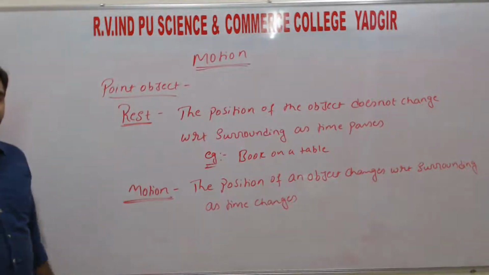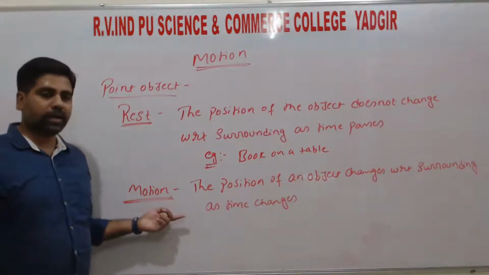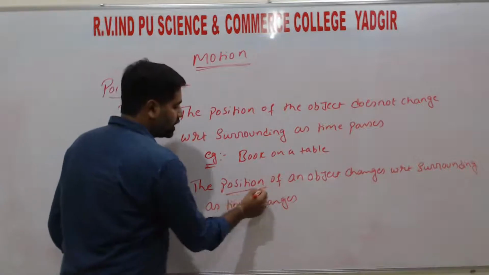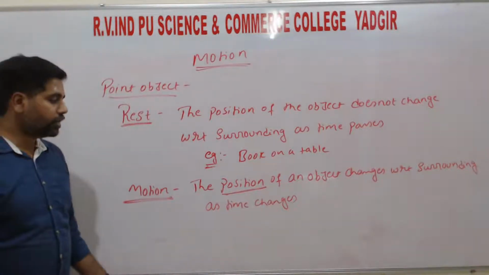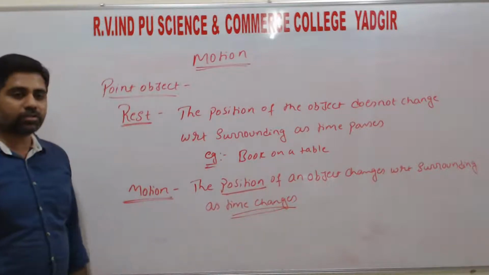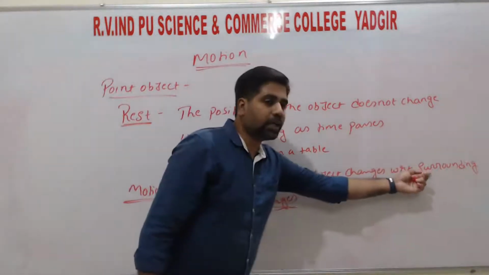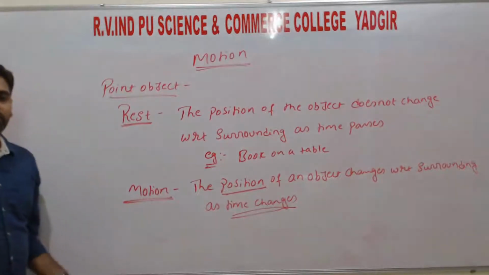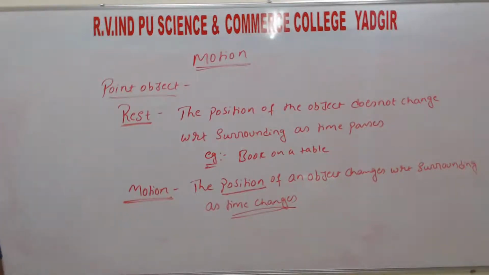So this is the definition of motion. As time changes, the position of the object also changes with respect to the surroundings. That we call motion.